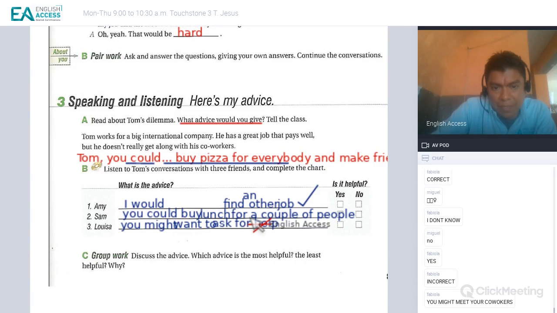Close. It's not help. It is advice, or actually their advice.